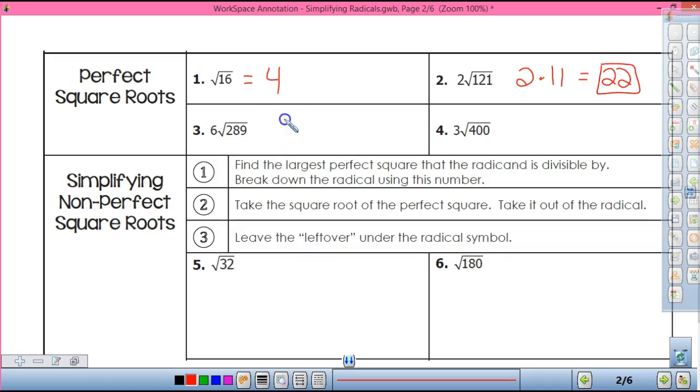And then we have 6 times, who can tell me that one? 17 gives us 102, thank you. And then 3 times the square root of 400, 20, gives us 60.